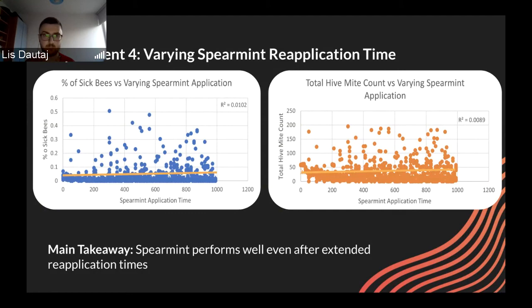Of course, the optimal solution to keep the bees healthy would be to continuously apply spearmint, but that might not be very cost efficient, especially for farmers. But as you can see, keeping it at 200 ticks, 400 ticks, which would translate to about 16 days or a month, it doesn't really differ much. So you're not getting too many sick bees from it.